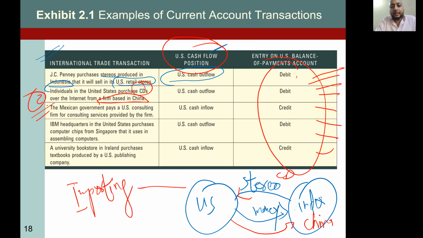Number three, the Mexican government pays a US consulting firm for consulting services provided by the firm. The Mexican government is paying US.